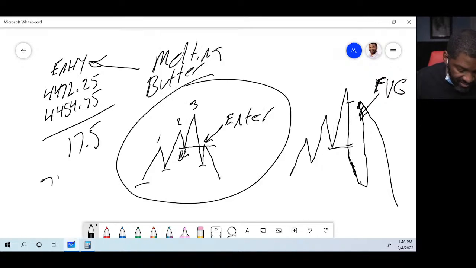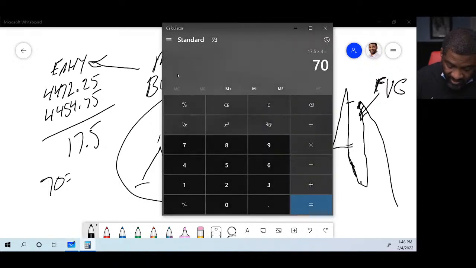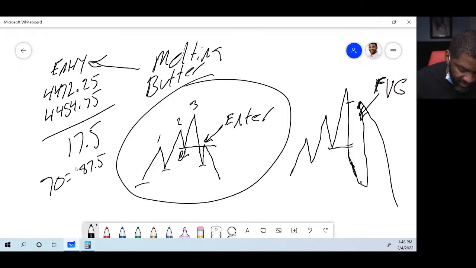That's 70 ticks. 70 ticks on the MES times 1.25. That's $87.50 on the MES. And then on the ES, you move it 1 place. That's $875 on the ES for 1 contract on the melting butter trade that I did today.